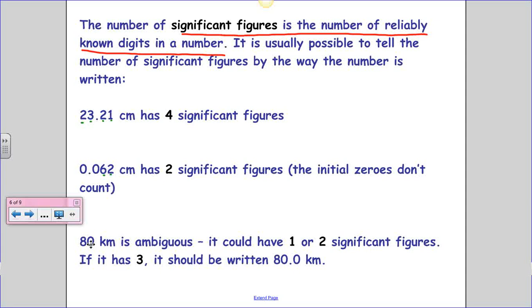In that case, it would have 2 significant figures. However, if it had 3 significant figures, you would need to write it 80.0. Because the zeros come after, they tell you, I can reliably measure to this place. So we need to count it as a significant figure. I measured, and it's not 80.1 kilometers, it's exactly 80.0. That's what this means.